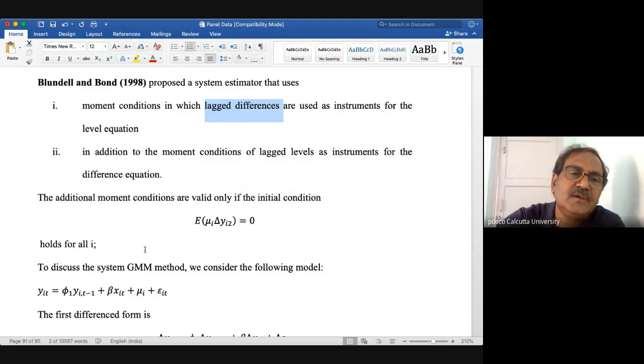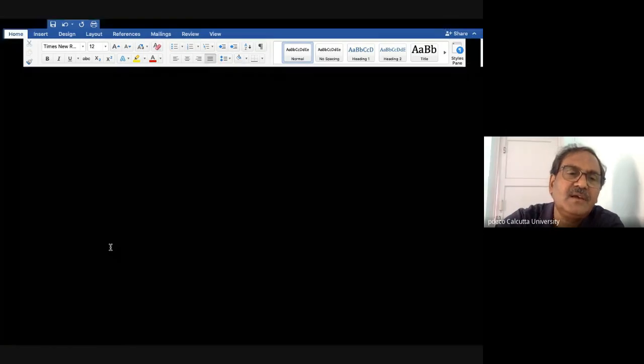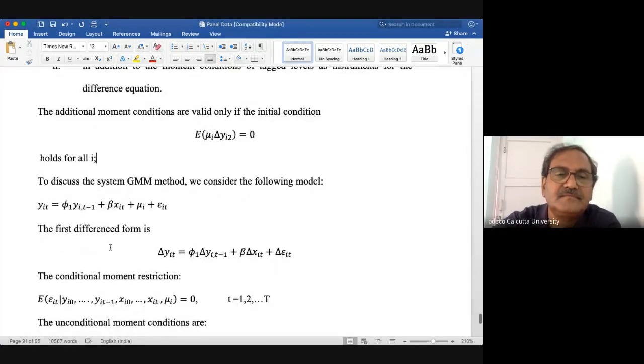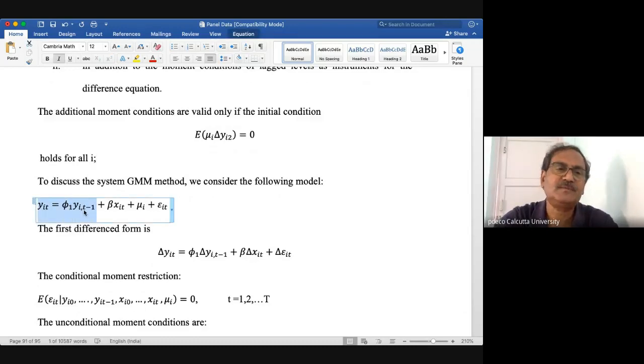Now, to have an idea about the system GMM, let me extend the basic model in this way. Earlier, we have used the univariate model by taking this part. Now consider the additional part beta xit.